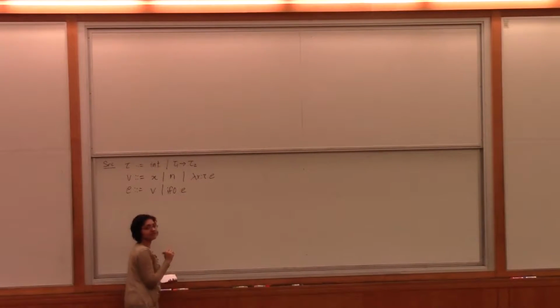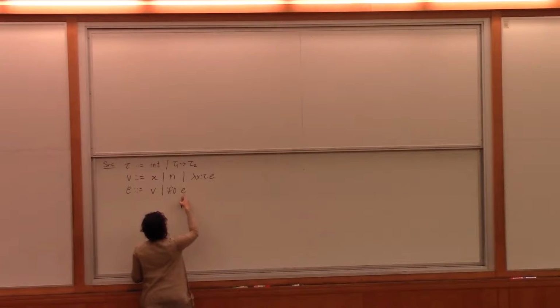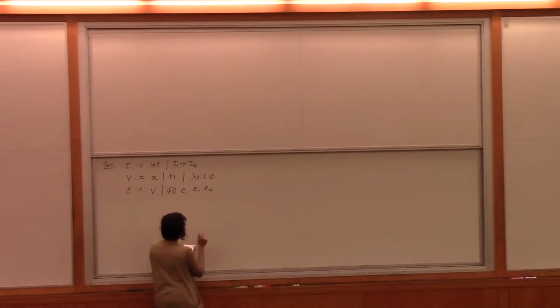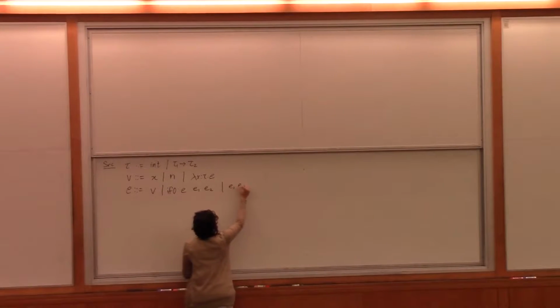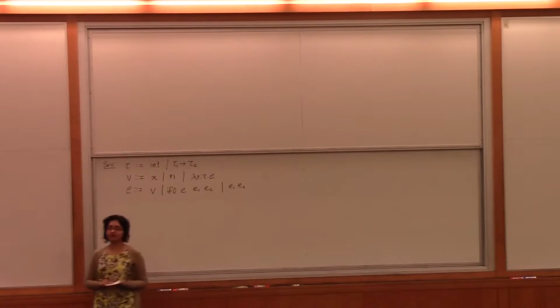Because I didn't put booleans in today, I have integers. So if e is equal to 0, we are going to jump to e1, else we are going to jump to e2. Okay, that's the semantics. I'm not going to write the then and else. Save time. Okay, and then of course we have application. e1 applied to e2. Okay, that's our source language.